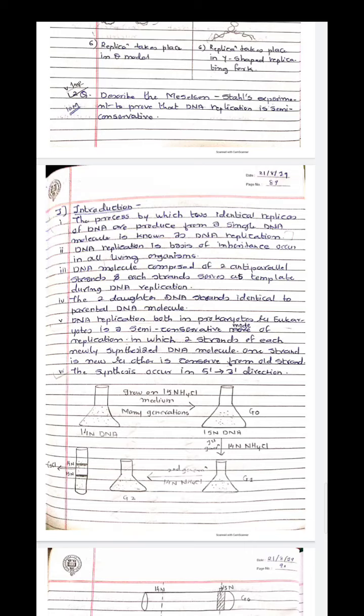In the last video I talked about different methods of DNA replication, that is conservative, dispersive and semi-conservative methods. Here the scientists Meselson and Stahl proved experimentally that DNA replication is of the semi-conservative type. So first of all, the introduction.